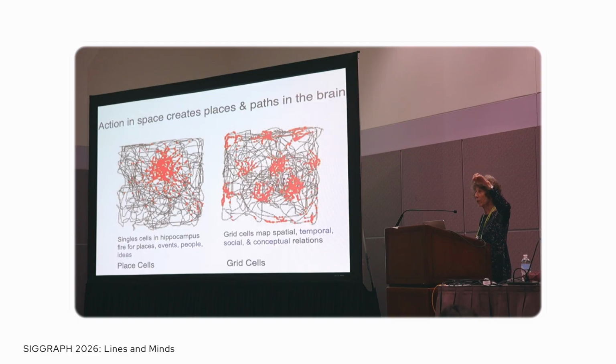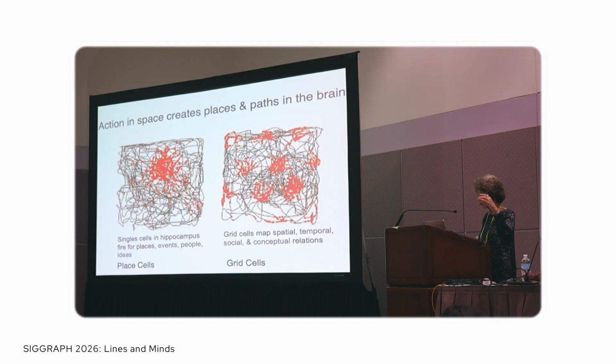They weren't spatially arrayed, but they were spatially arrayed next door in grid cells, and the grid cells mapped those different locations in a semi-Euclidean, not really Euclidean pattern. Researchers since then have found that those single cells in hippocampus fire for places, events, people, and ideas in humans, and that the grid cells map spatial, temporal, social, and conceptual relations.